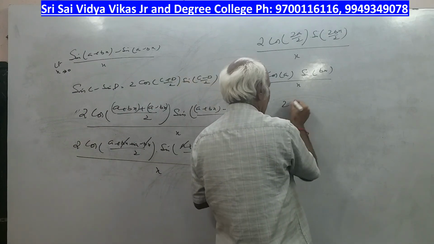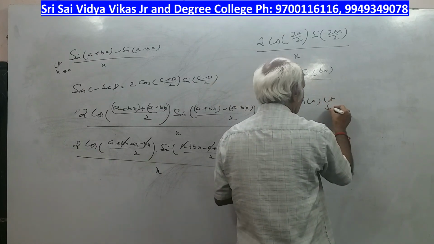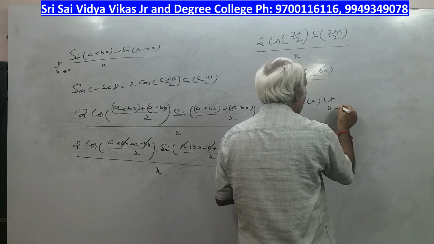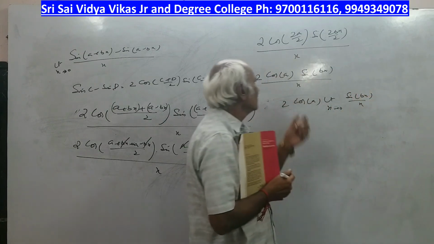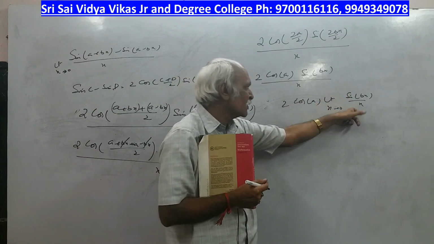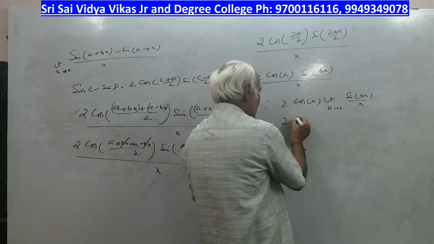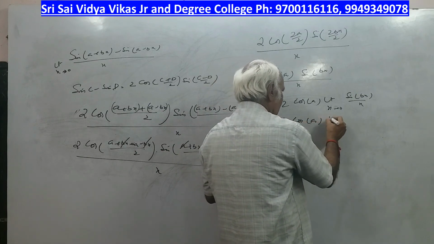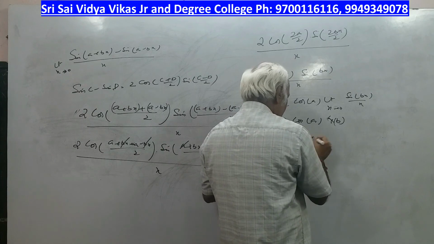There is no limit for cos a, why sir? There is no x here. Limit x tends to 0 of sin of bx by x: this doesn't have any limit issue. So sin theta by theta is 1, but here bx is there, so b will come. We have done so many problems in this, into b. So 2b into cos a.